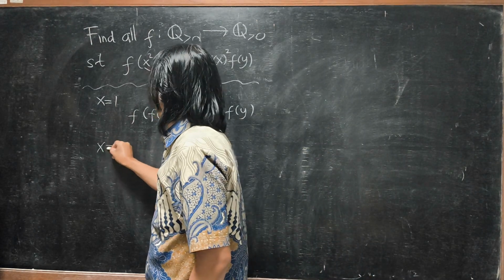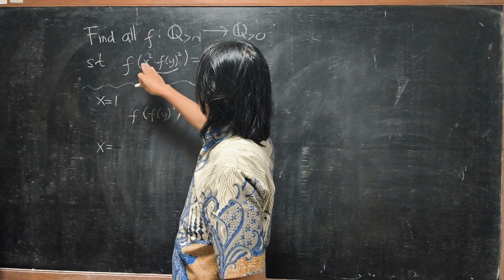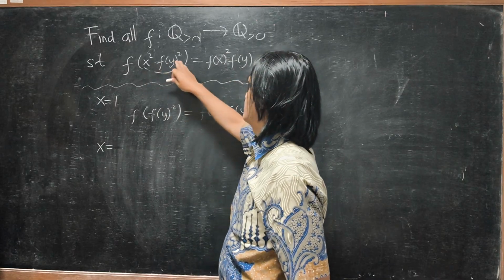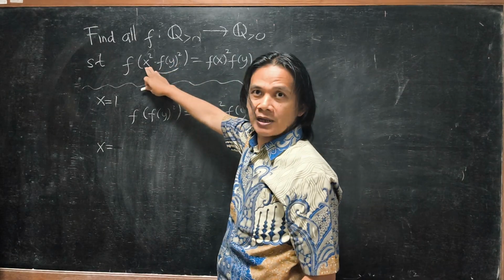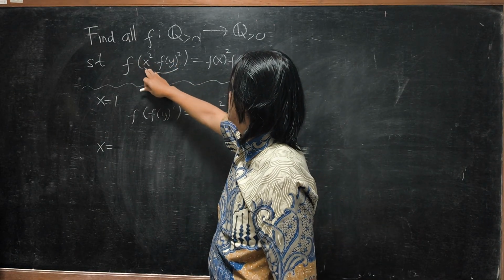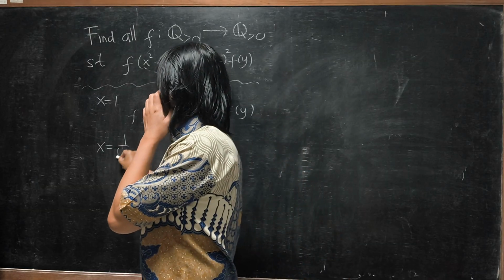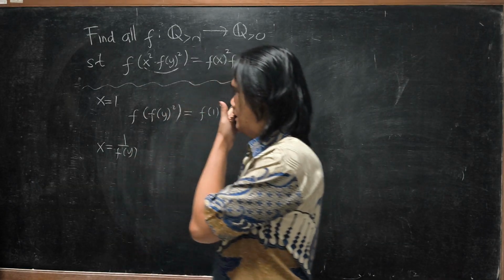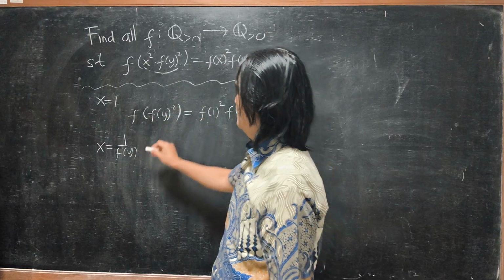So basically, I would like to have this multiplication equal to 1. Therefore, I can choose x to be equal to 1 over f(y). Okay.